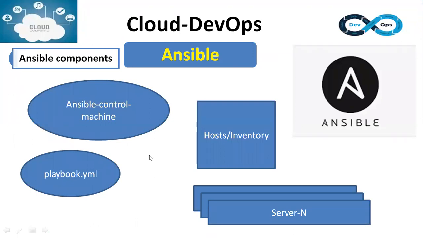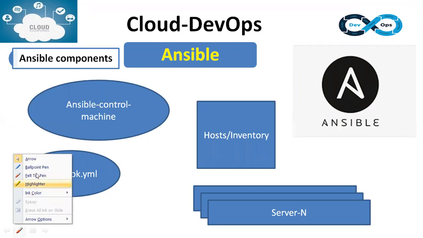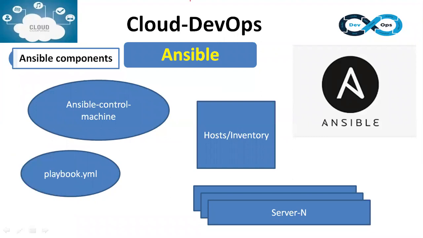Let me show you the different concepts and components of Ansible. Whenever you want to work on Ansible, these are the terminologies you always face. One is the Ansible control machine, where we are going to install our Ansible, and second is HOSTS. HOSTS means the list of servers on which we are going to do our task.